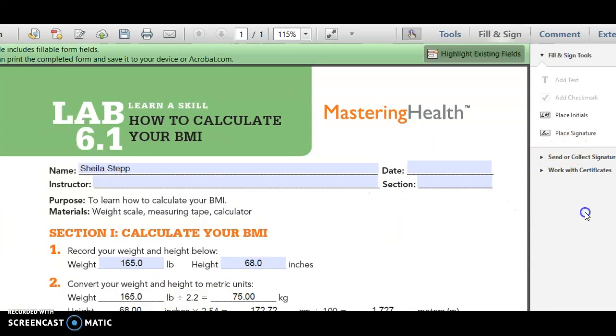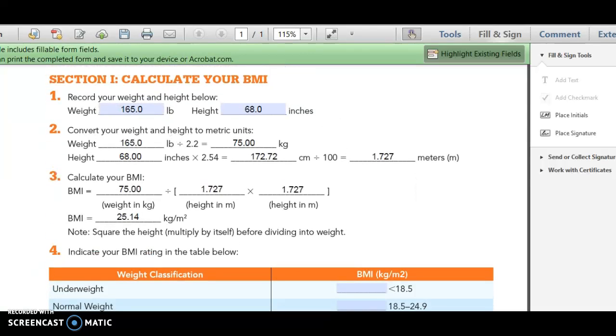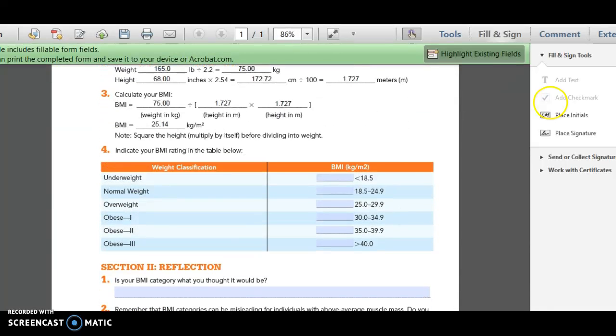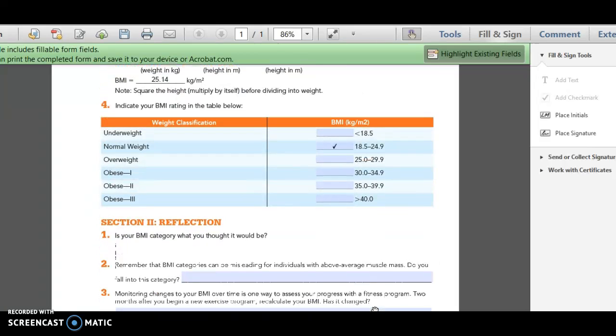You will see that the entire thing calculates by itself and it gets me a number. And so once I get to that number, I will come down to the actual category and check off where I fit in. So I just indicate that. And then I will write down some information according to this.